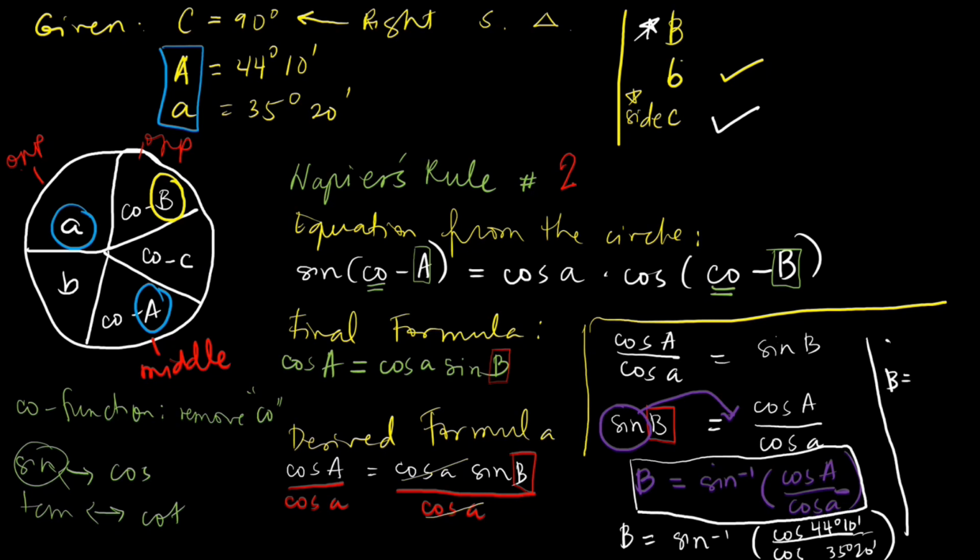It should be in degree mode again. So arc sine of cosine 44 degrees and 10 minutes divided by cosine of 35 degrees and 20 minutes. Then close parenthesis.